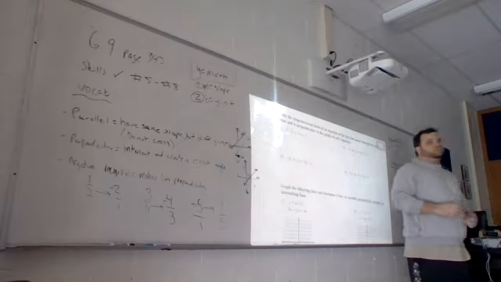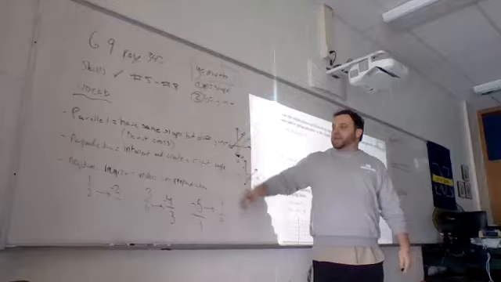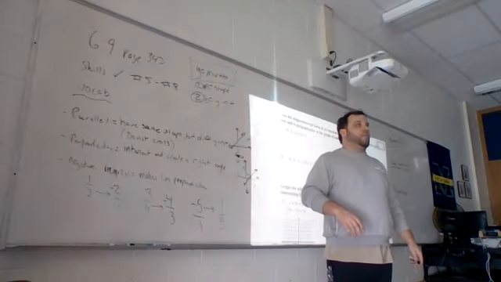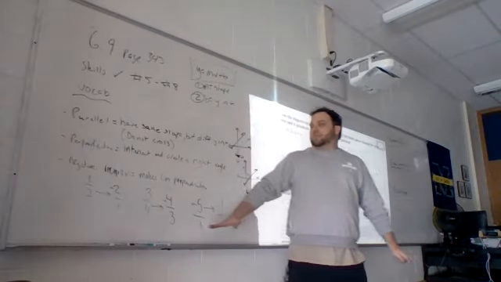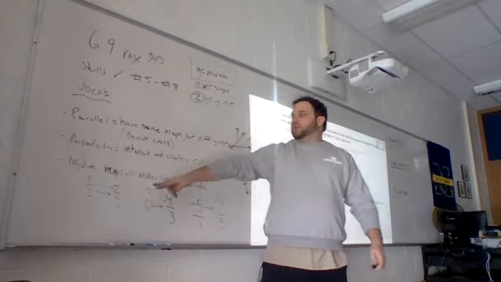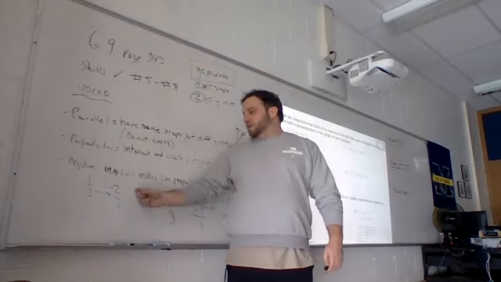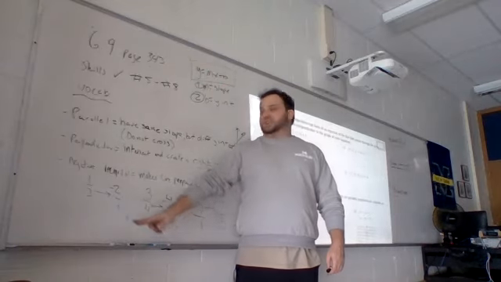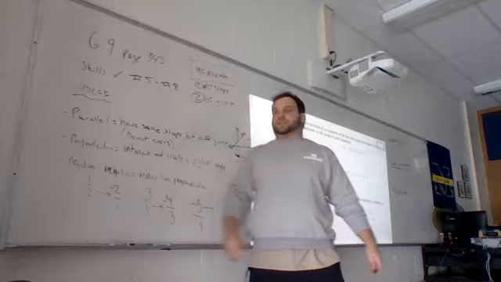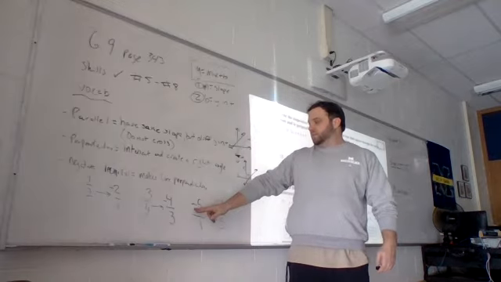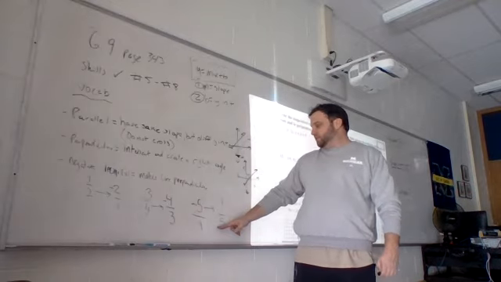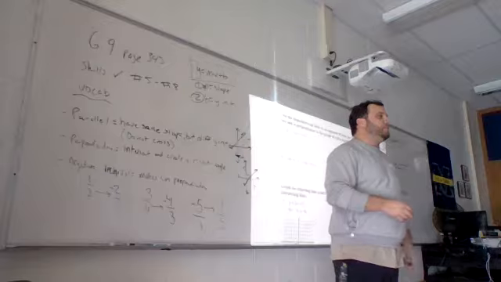Okay? So again, negative reciprocals. We flip the numbers from top to bottom. So instead of 1 over 2, I now have 2 over 1. Okay, and then the sign flips as well. So positives become negatives, but negatives also become positives. Okay? Shake your head so I can hear you.